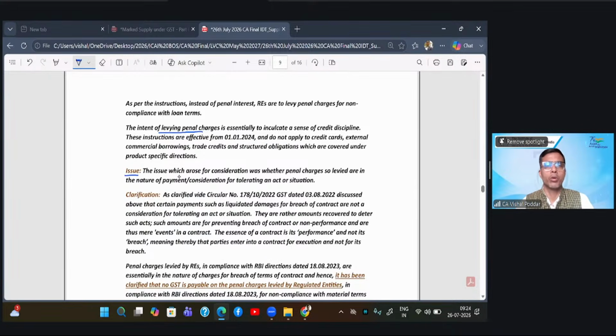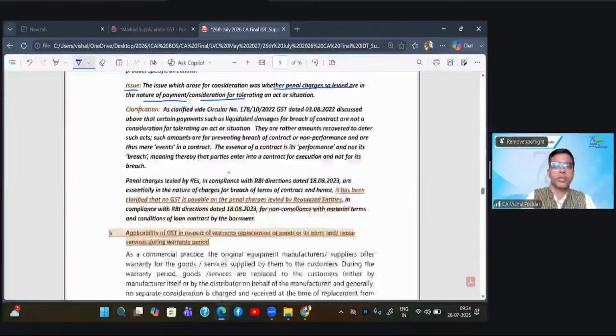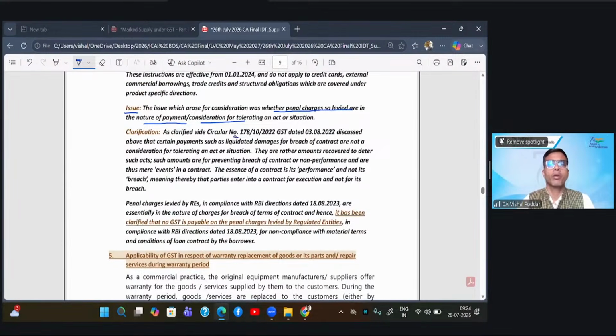So now the issue arose whether the penal charge so levied is in the nature of payment of consideration for tolerating an act. This new circular, following our previous circular number 178, stated the same thing: that my essence was that you perform the contract, not that you breach the contract. My main intention of entering into this deal was that you perform the contract.